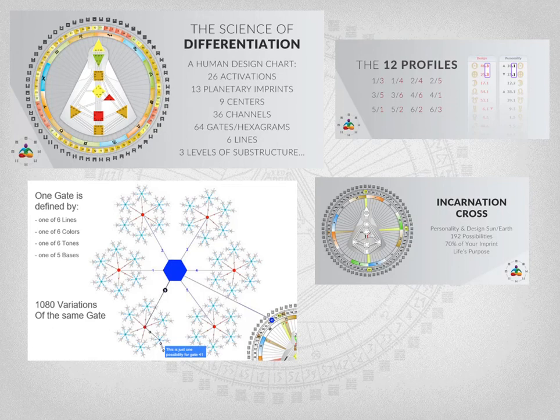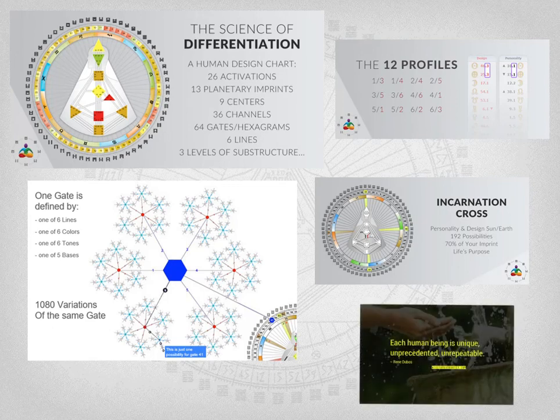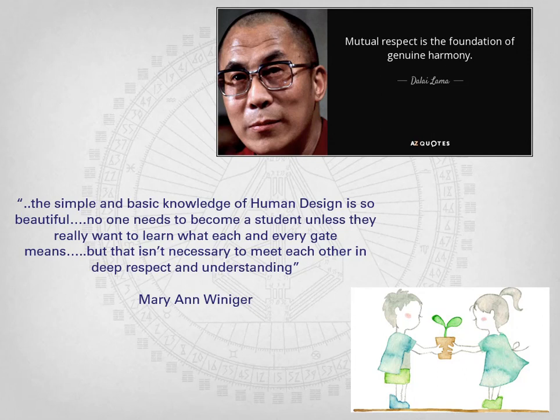It allows for so much expression of life, and it encourages respect, awareness and understanding for others and for ourselves. It is not necessary to dive deeply into the material. The information that is on the surface is simple and yet incredibly profound. However you move forward with this knowledge, I hope you have enjoyed this look into the elements that go to make up the mechanic of human design.